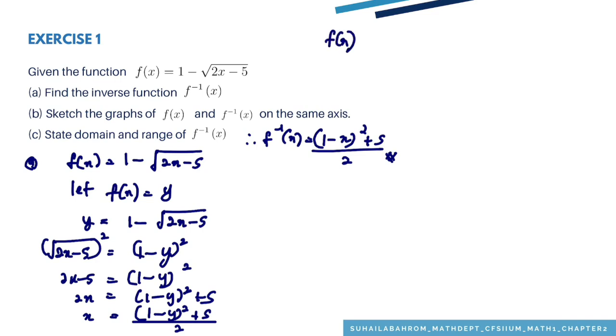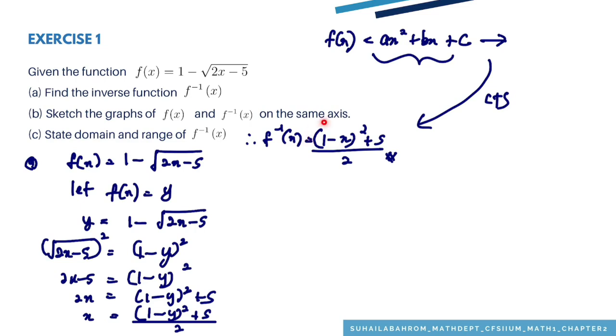Normally, when we get a question on a quadratic function, let's say f(x) equals ax squared plus bx plus c, in order to sketch the graph of transformation or the inverse function for any quadratic function, we need to transform this general form into the form of completing the square, so that we can see clearly what transformation technique is involved here.